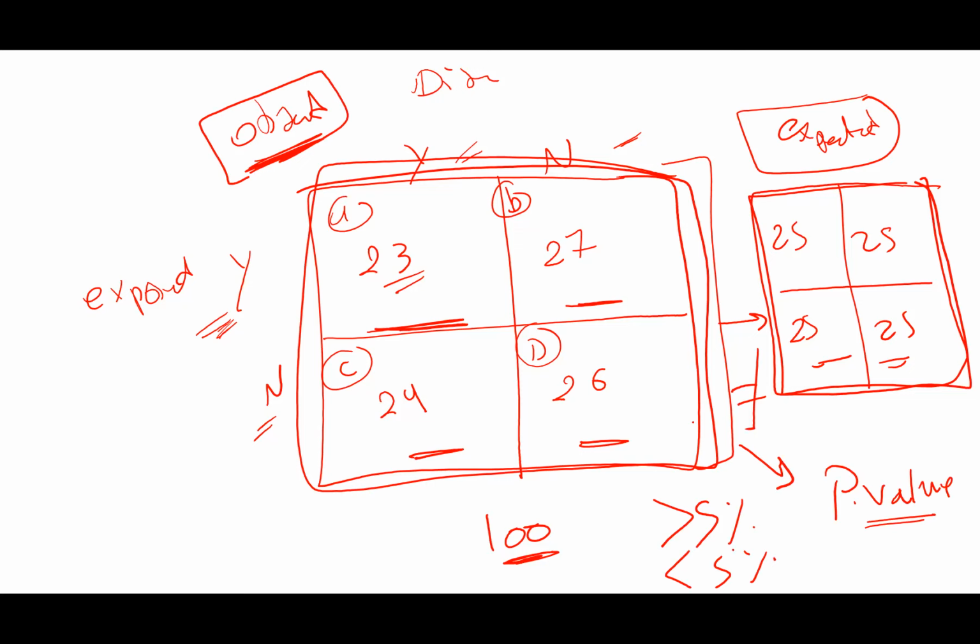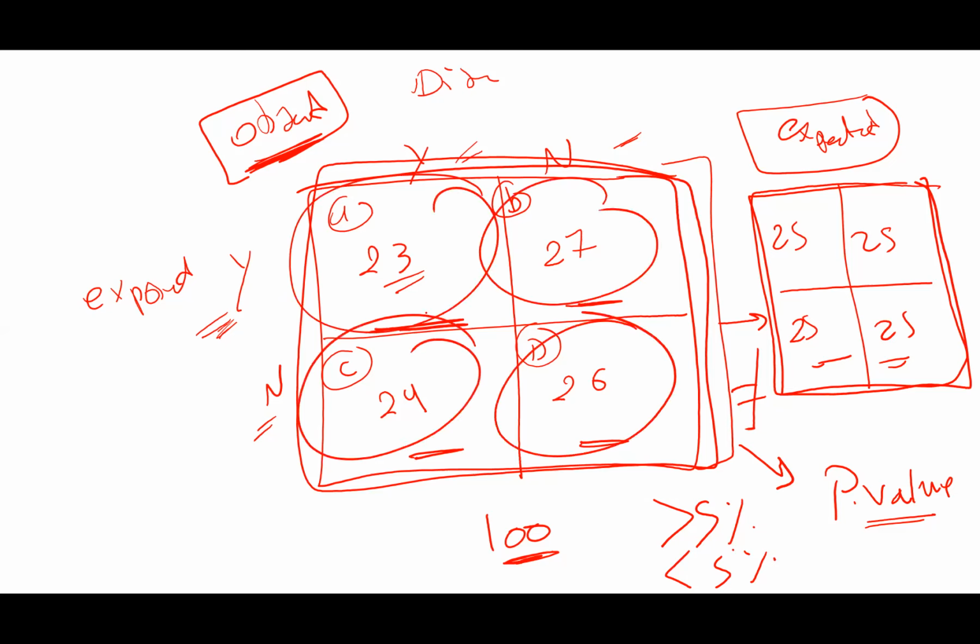If the p-value of the chi-square is more than 5%, we assume that all ladies are the same. There's no difference between the exposed and non-exposed. That's how you find the difference between both groups. The role of odds ratio and relative risk is to calculate this difference, if any.